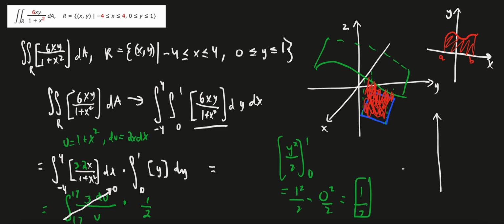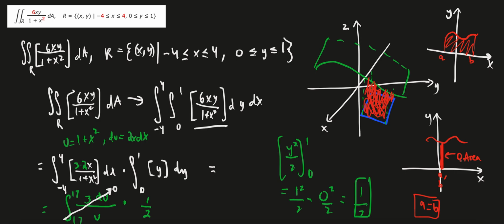However, if a equals b, so we have our same function, but a and b are the exact same value, then notice that we have no area there. There is 0 area.